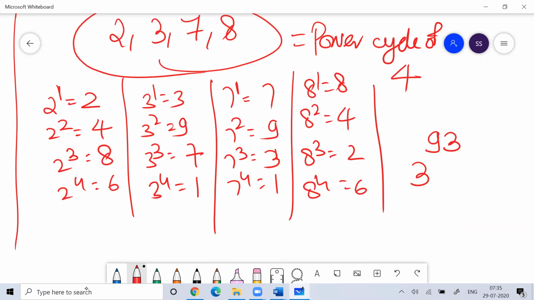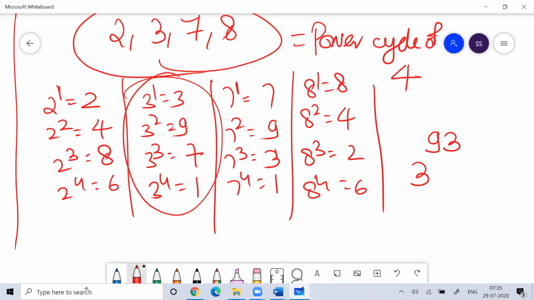Is it going to be 1? No, no. 1 will come only if the power is a multiple of 4. 93 is not a multiple of 4. 93 is an odd number. Isn't it 8? No, 8 will not come. Only 3 or 7 can come.